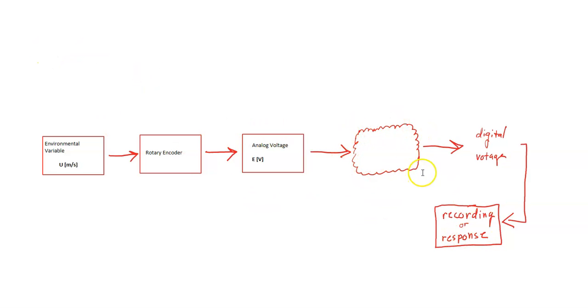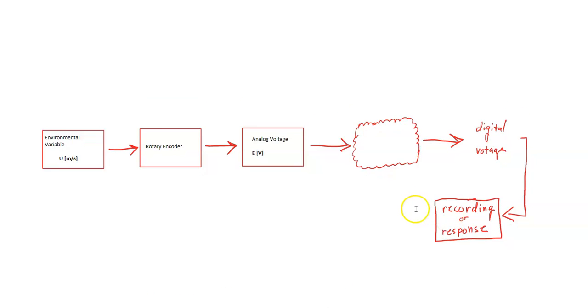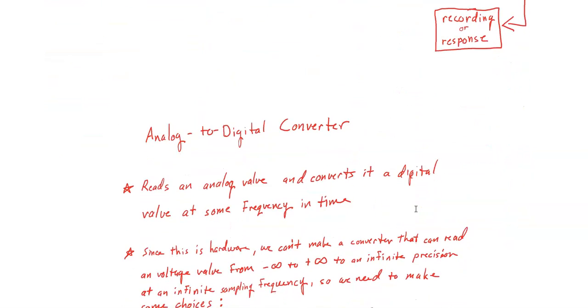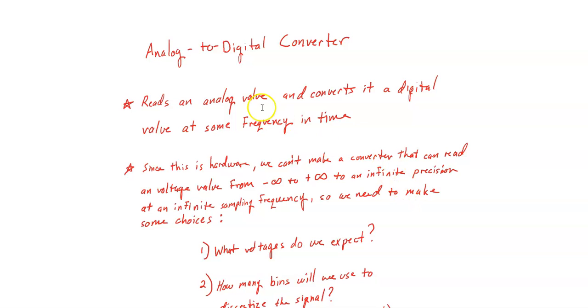So what is this puffy cloud here? What is the thing that takes in the analog voltage and turns it into a digital voltage that then we can use to do whatever we want to do in our system? So we call this the analog to digital converter. So our analog to digital converter reads an analog value and converts it into a digital value at some frequency in time.